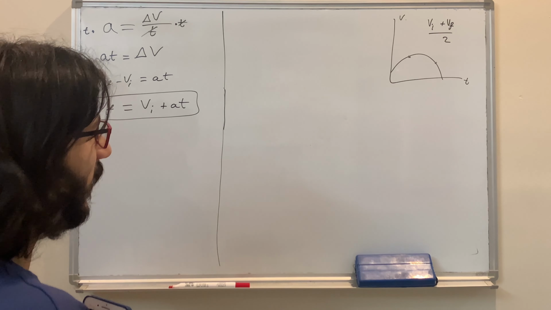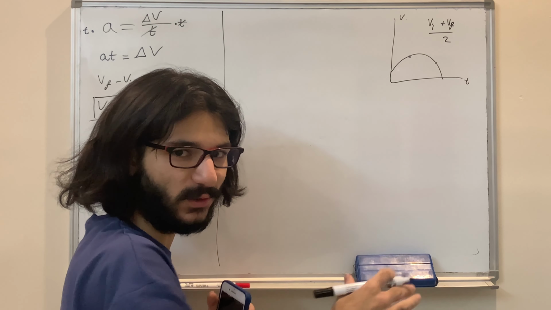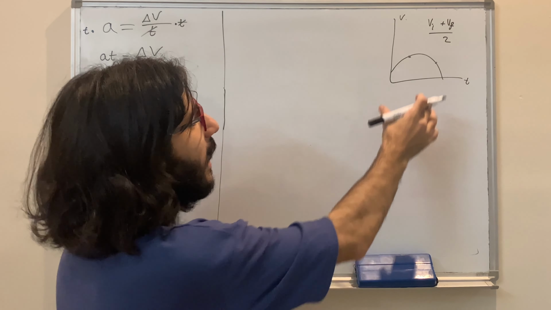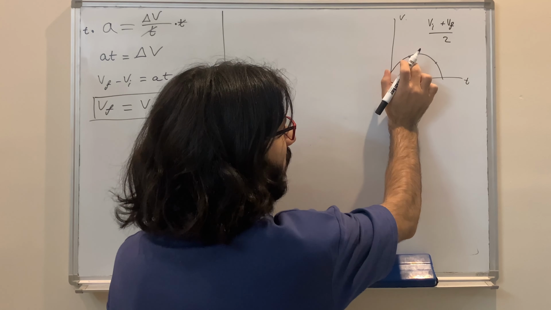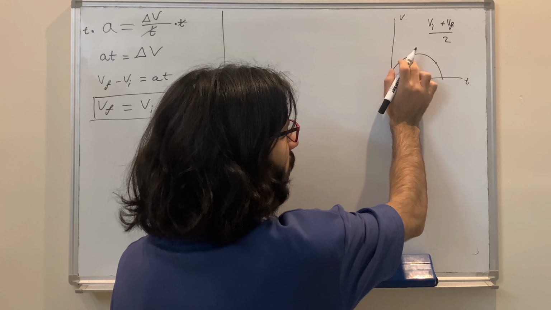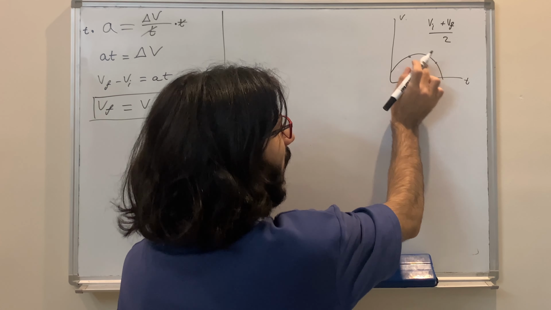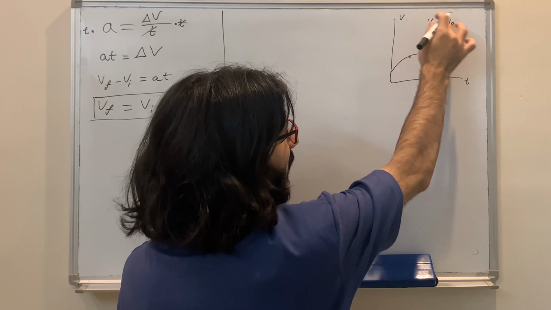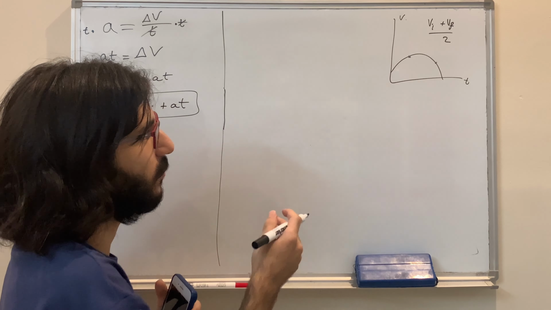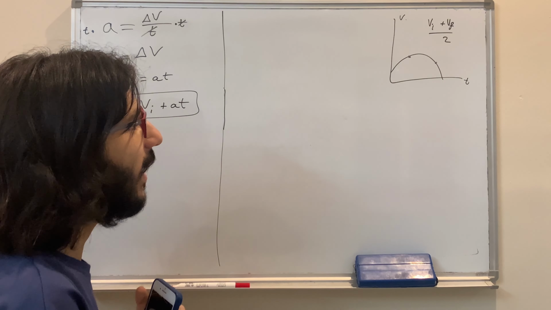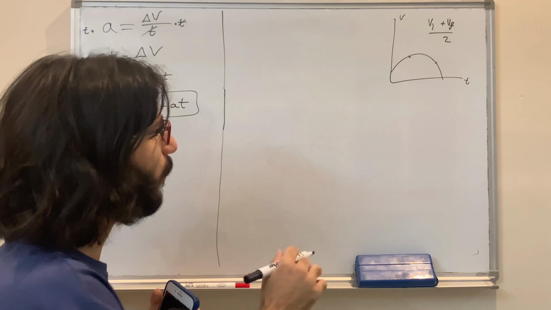Now, for the second one, I need to explain something quickly. To get the average velocity, you just take 2 points, an initial velocity and a final velocity, and then you take their average by adding them up and dividing by 2, because you only have 2, the initial and the final. And yeah, that's it. We're gonna use this now.